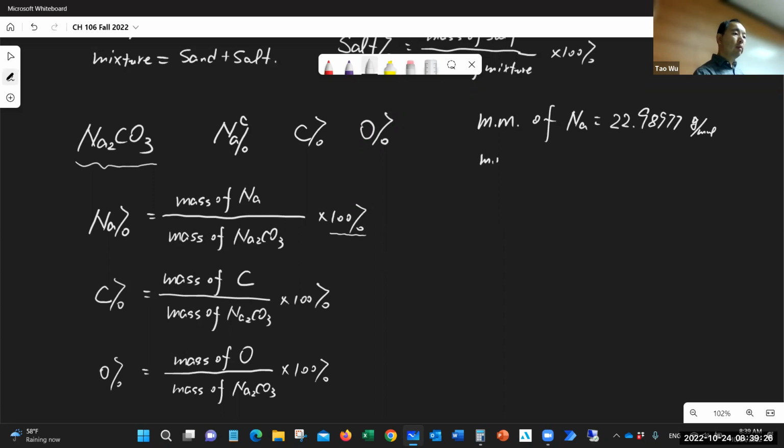And the molar mass of carbon is 12.011 gram per mole. And the molar mass of oxygen is 15.9994 gram per mole. Okay, so now we got the molar mass of each.